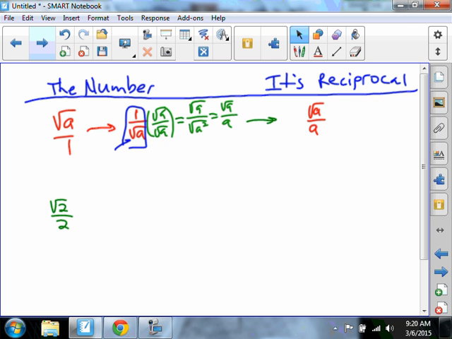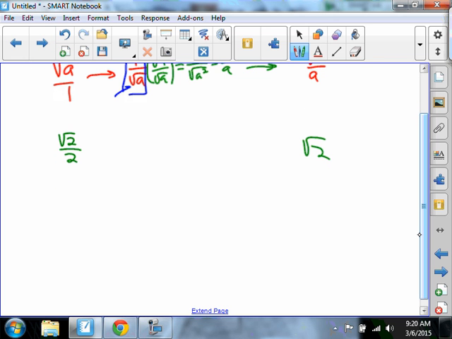So what would the reciprocal of rad 2 over 2 be then? Just rad 2. How are we doing so far, okay? Now, we also had a rad 3 show up when we got into the tangents, didn't we? What's the reciprocal of rad 3? Rad 3 over 3. And what's the reciprocal of rad 3 over 3?